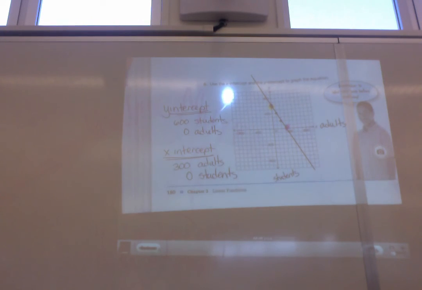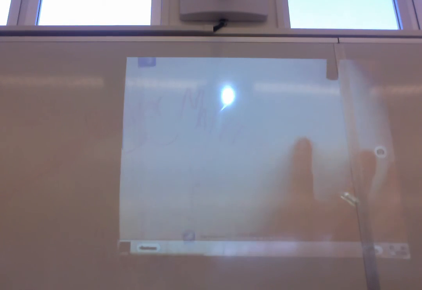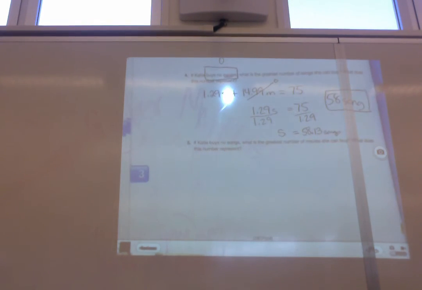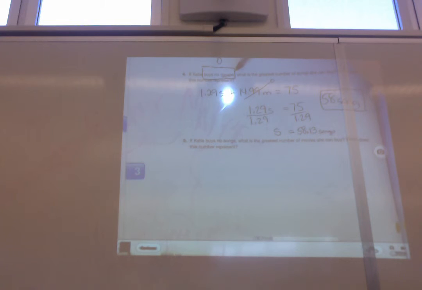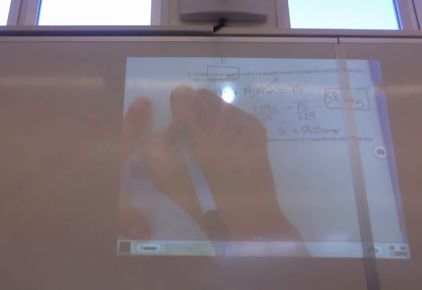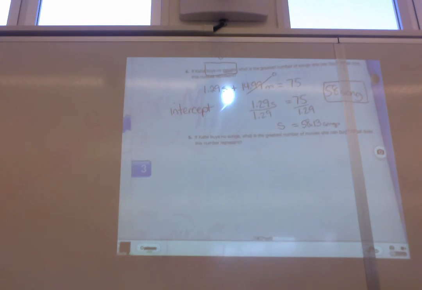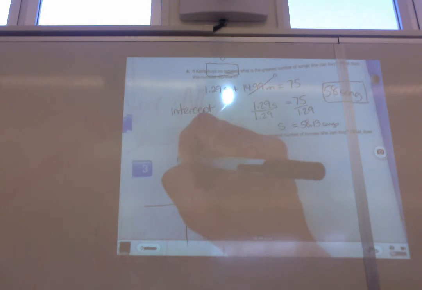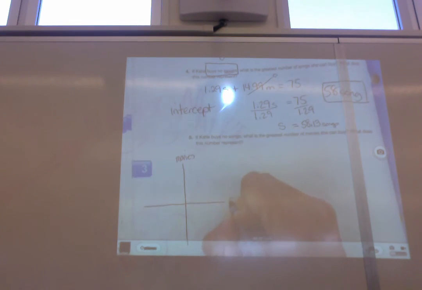Okay, so let's go back to songs. If Katie buys no movies, what is the greatest number of songs she can buy? 58 songs. We don't really have an x and y axis, but this is going to be an intercept. If I made a little x and y, I would make one of these movies, it doesn't matter which one, and one of these songs.